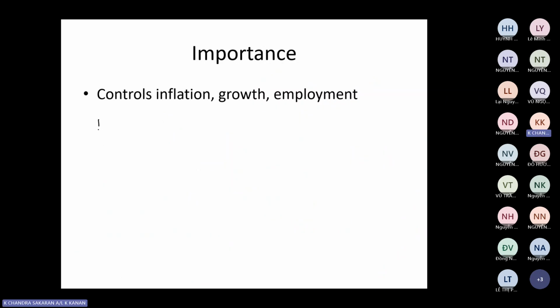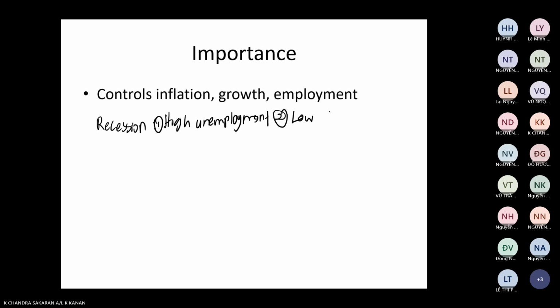Let's say we have recession. Normally during recession, the problem is what? High unemployment. Number two, what? High unemployment because of low economic growth, or negative economic growth.